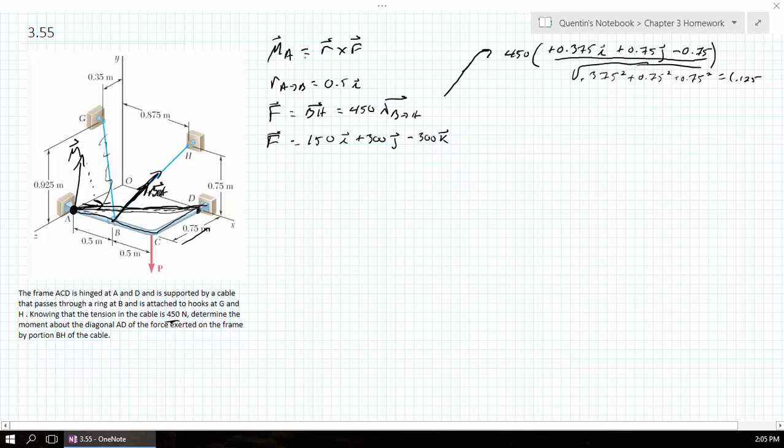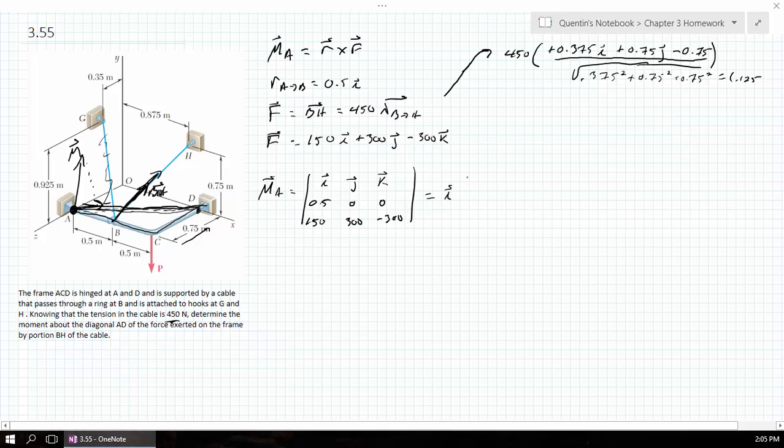So now I just need to simply do the r cross F. So the moment at A is r cross F. i, j, k; r is 0.5, 0, 0, and 150, 300, minus 300.